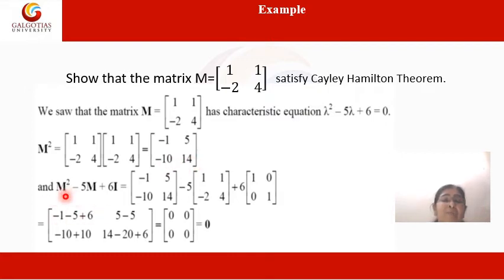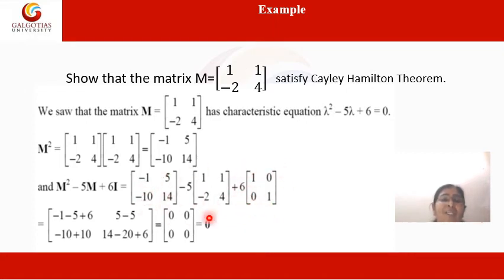Now I will substitute the values of M^2, M and I matrices: M^2 - 5M + 6I.